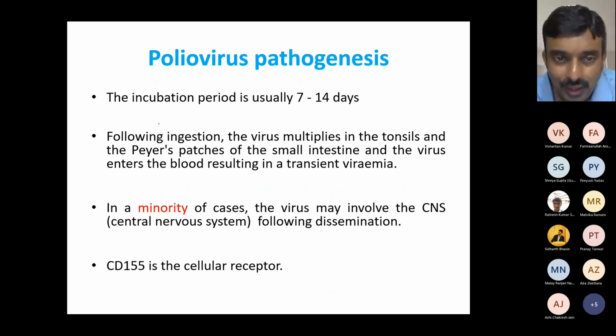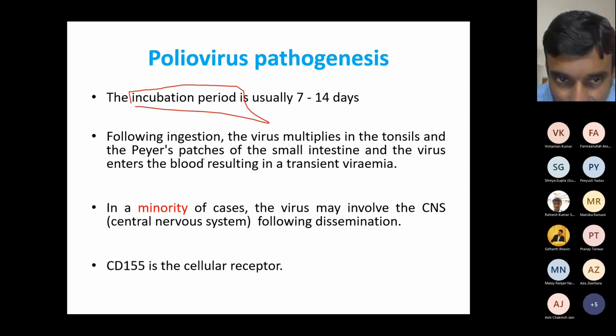Now, what about poliovirus pathogenesis? When somebody gets infected, let's assume I get infected, what happens to me when I get infected with poliovirus? So the first thing that you'll need to understand is this term called incubation period. Now, what does incubation period mean? So when somebody gets infected, let's say I get infected today, till about 7 days, I may not show any specific symptoms for poliovirus infection.